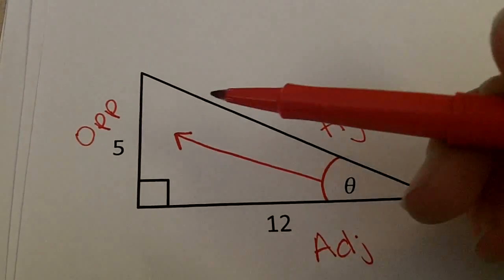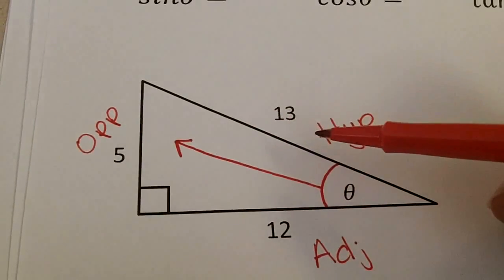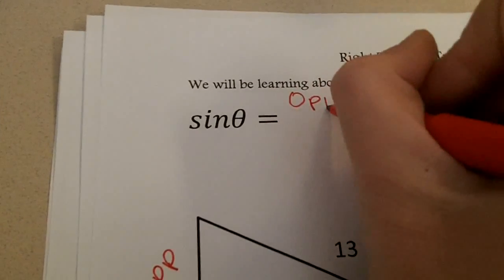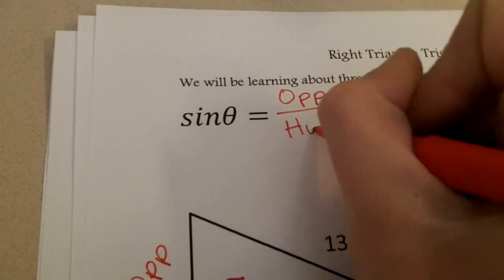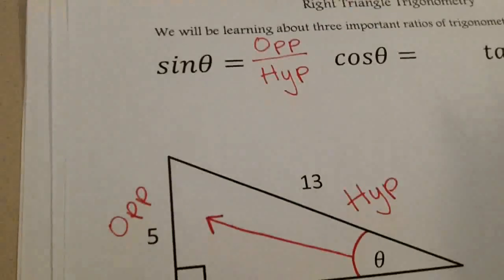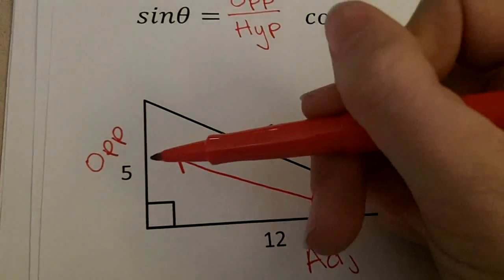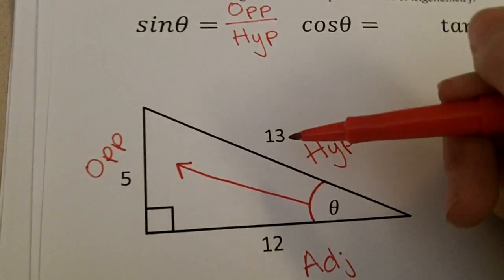Sine is the ratio of the opposite side divided by the hypotenuse. So in this triangle, the sine of theta is 5 divided by 13.